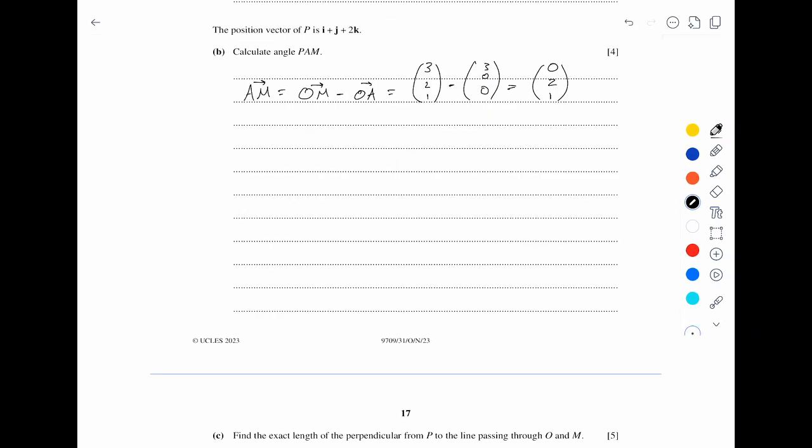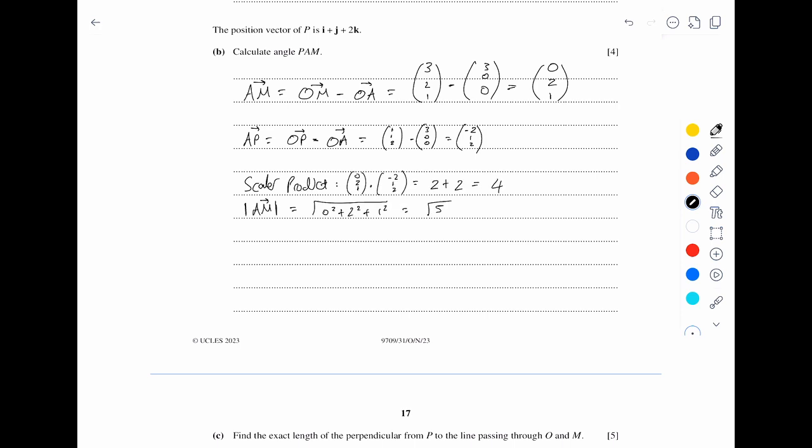Working that out, we can see that AM is equal to 0, 2, 1, and AP is equal to -2, 1, and 2. Meanwhile, the magnitude of AM is equal to √5, and the magnitude of AP is equal to 3. Therefore, putting this all together, as you can see the calculations on the screen now, we get theta is equal to 53.4 degrees.